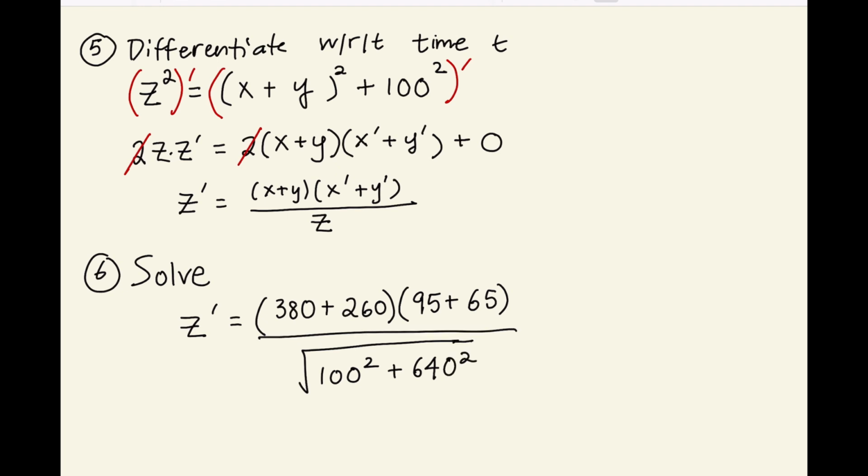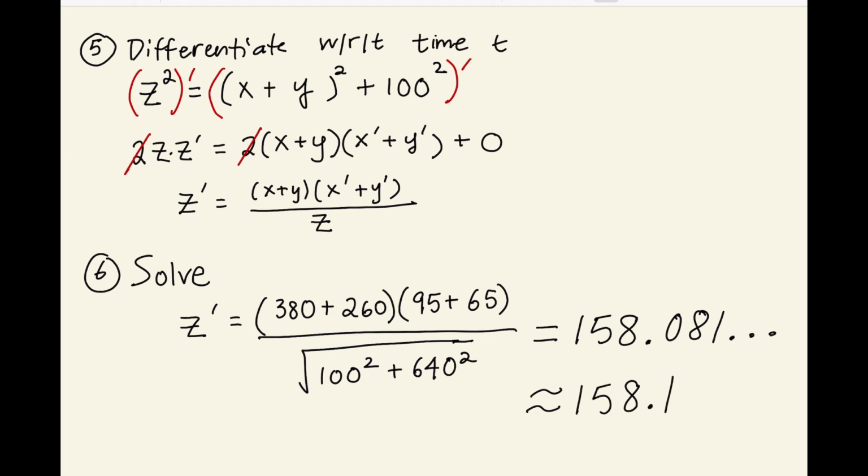And if you punch that into your calculator, you get 158.081... So I'm just going to round that to 158.1 miles per hour. Okay, so the distance between the cars is changing at a rate of 158.1 miles per hour at 8 p.m.